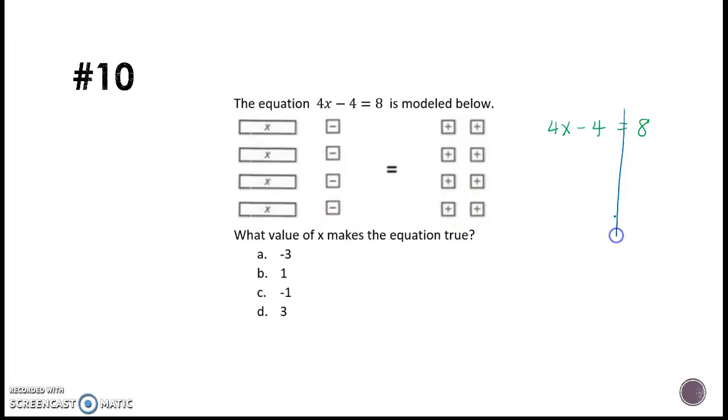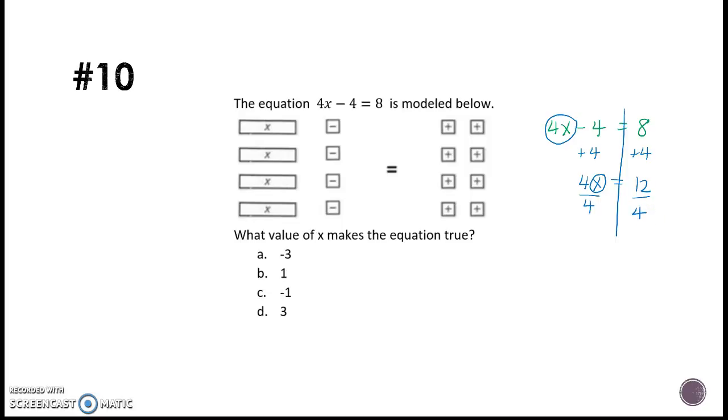But we're all very comfortable with solving. So we know we want to isolate our variable, and to do that, our first step is to add or subtract. So we're going to add 4 to both sides. So 4x equals 12. And then step 2 is always to multiply or divide. So you can find your answer that way.